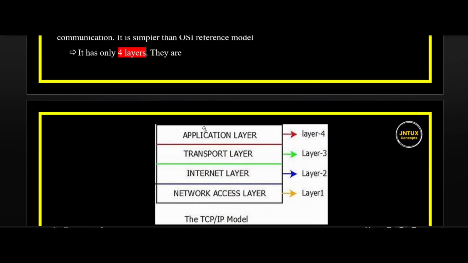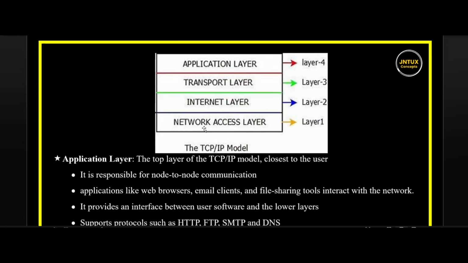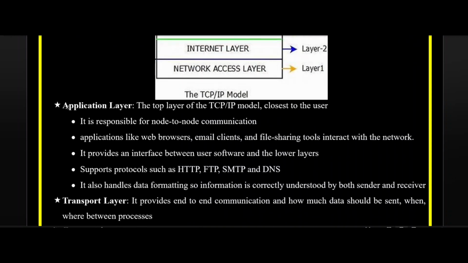Meanwhile, in the TCP/IP model, we have only 4 layers. Those are the application layer, transport layer, internet layer, and network access layer. Let's start from the top. Application layer, the top layer of the TCP/IP model. It is closest to the user. It is responsible for node to node communication.